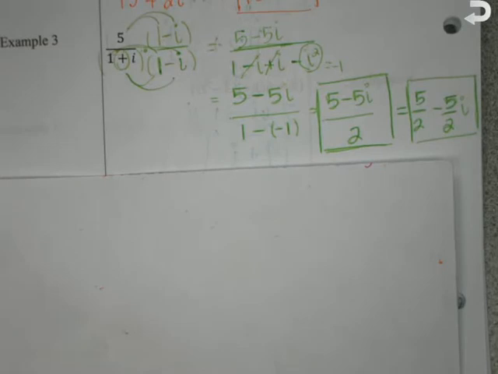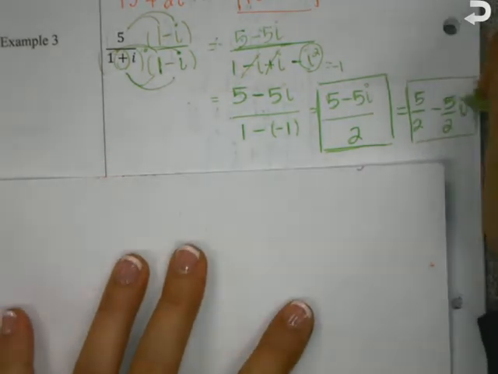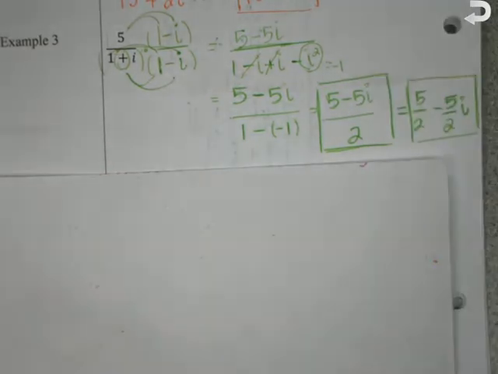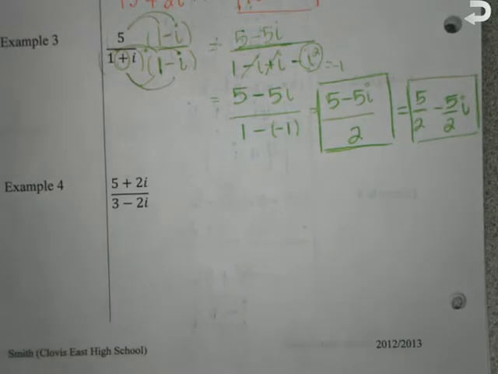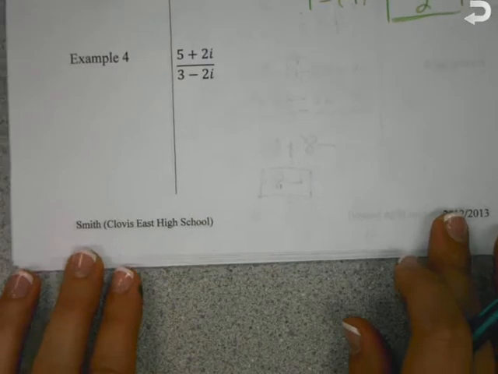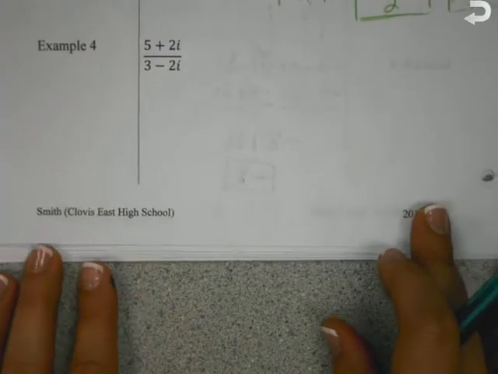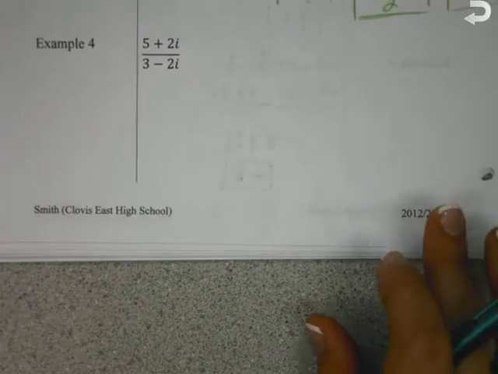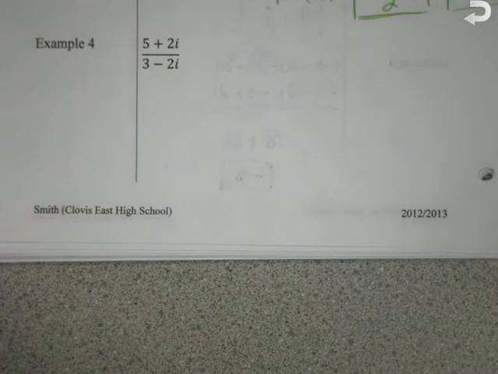Okay, example 4 is very similar. 5 plus 2i over 3 minus 2i. Okay guys, so what's in the denominator that's not allowed? i. So what are we going to do? We're going to multiply by the conjugate. Good.